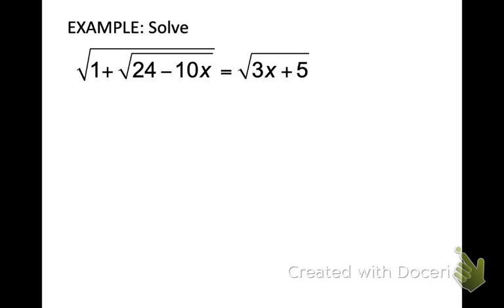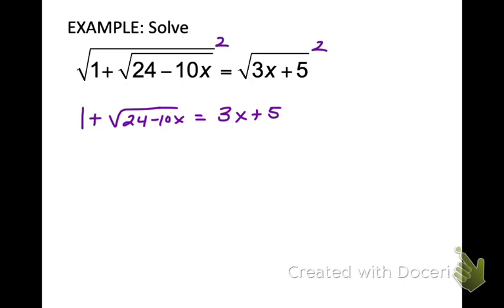Looks crazy, but it's not so crazy. Just square it again. So I'm going to square both sides. When I square the left side, I'm left with 1 plus the square root of 24 minus 10x is equal to, on the right side, 3x plus 5.